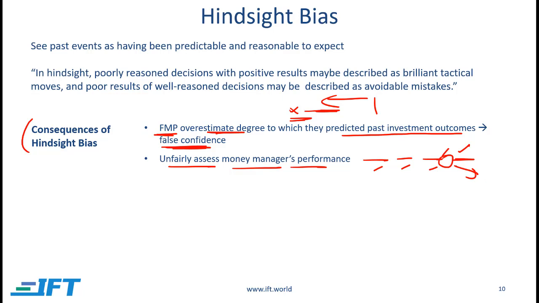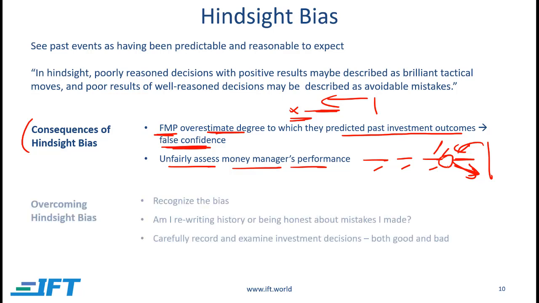In general, let's say value stocks came down and say other categories of stocks such as growth stocks did well. In hindsight, we might say that this money manager did not do well because we aren't looking at his work and his analysis. We are simply looking at the outcome, and the outcome might have been negative. So this would be a consequence of hindsight bias.